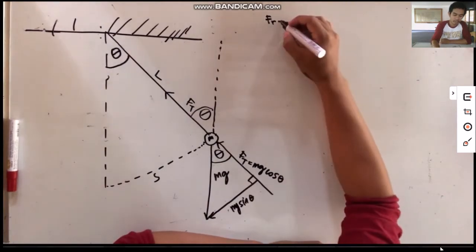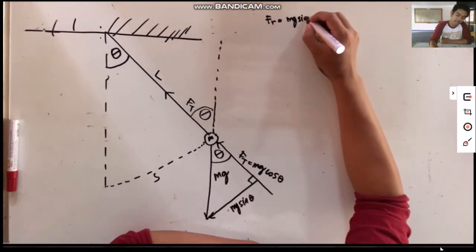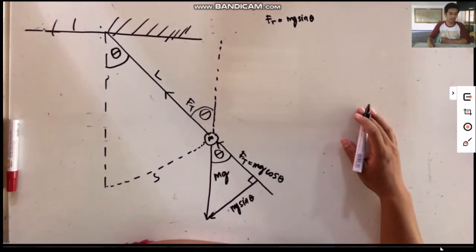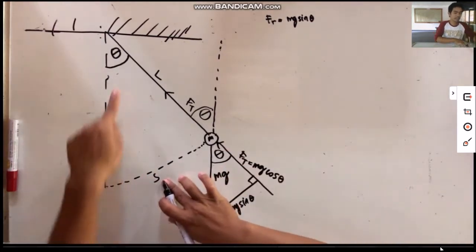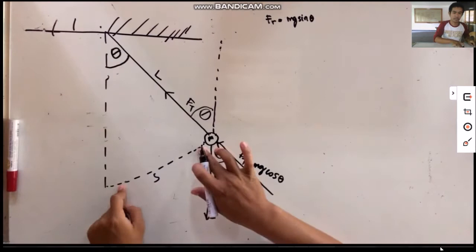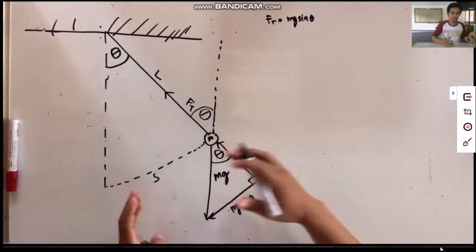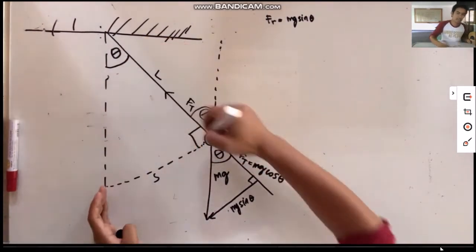Fr is the restoring force, which is mg sine theta. Next, what is this sine theta? For a very small angle, the arc can be considered as approximately a line. So this is perpendicular to the string.